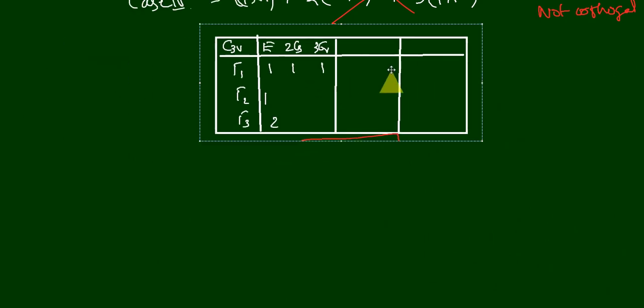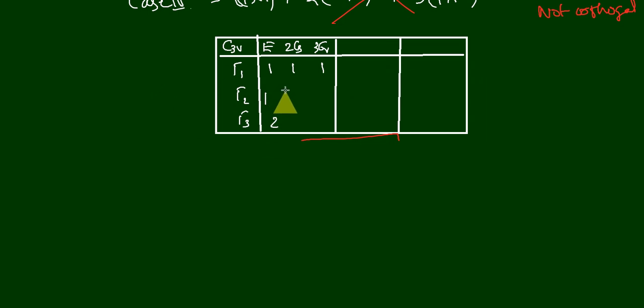So this is our new character table. Here I am going to fill the other elements, that is 1, 1, minus 1. So now we have two character sets, 1, 1, 1 and 1, 1, minus 1.